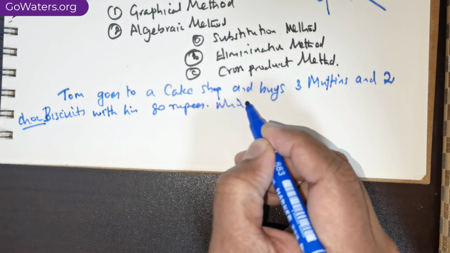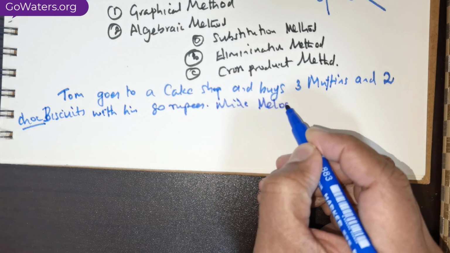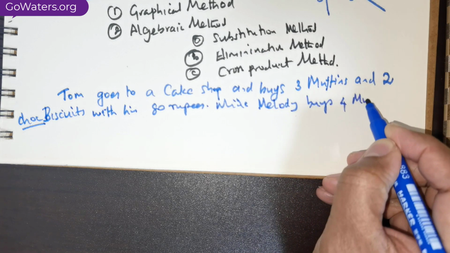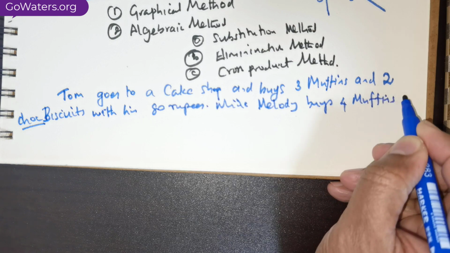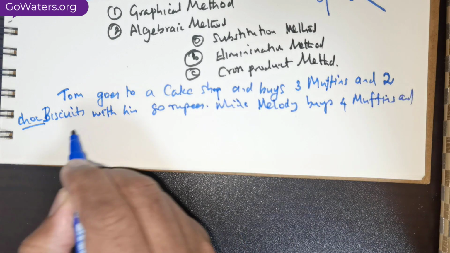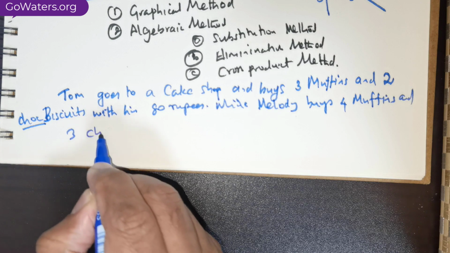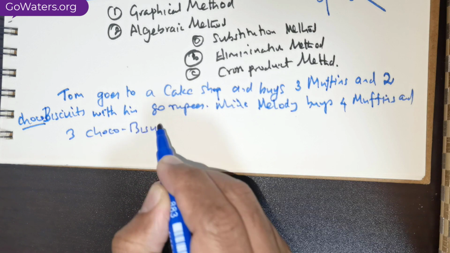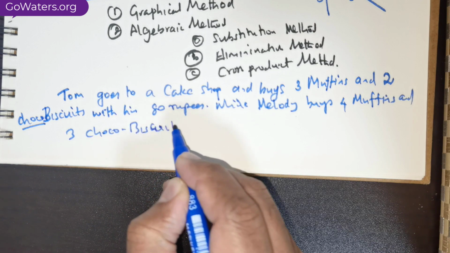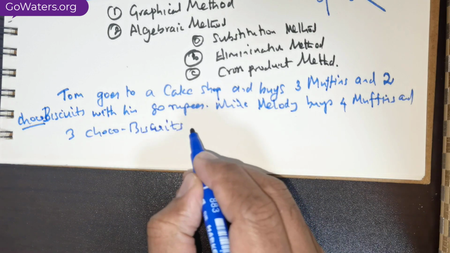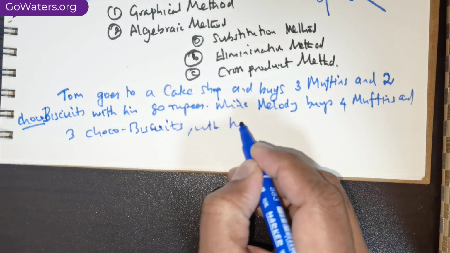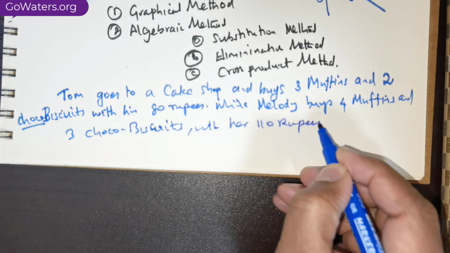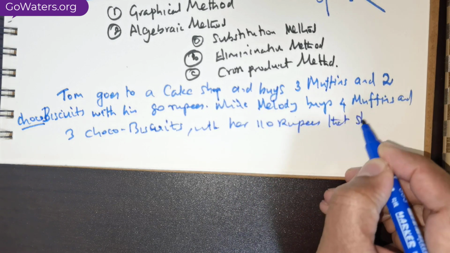While Melody buys 4 muffins and 3 chocolate biscuits, with her 110 rupees that she asks.